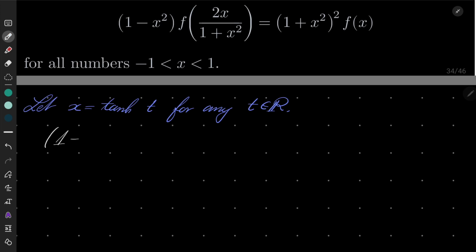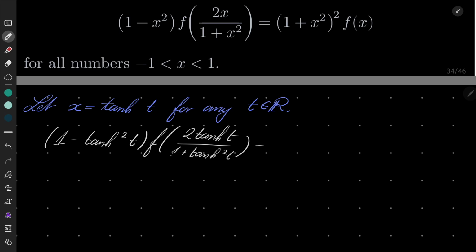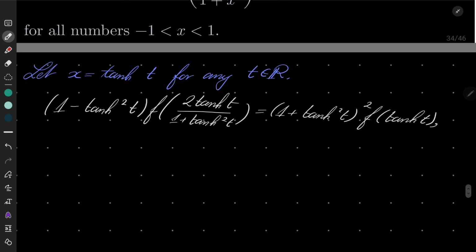Our functional equation is equivalent to the following. Okay, and now it's time for some simplifications.